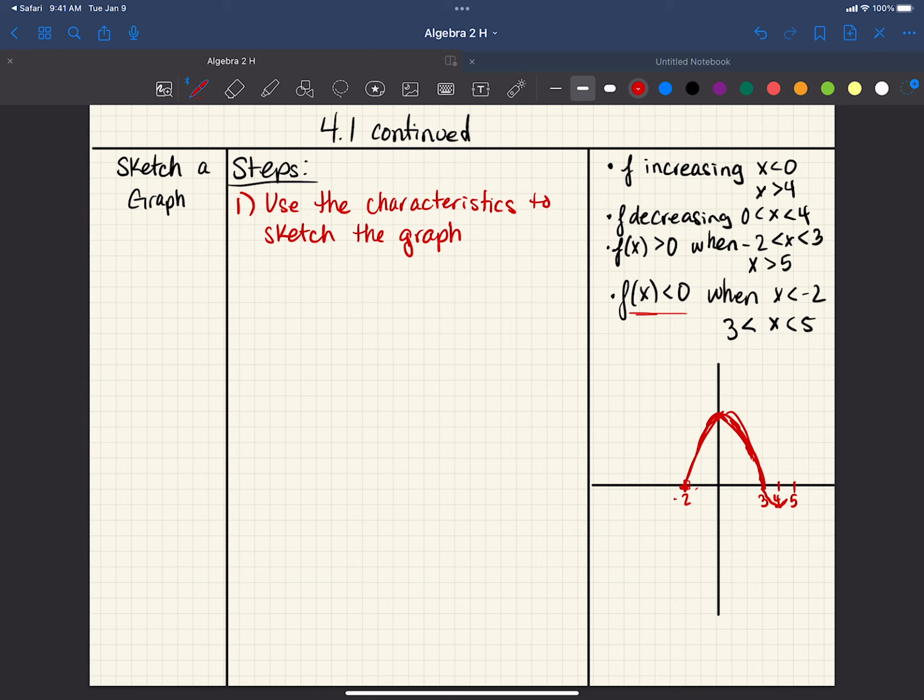I'm at my turning point, and I am now going to be increasing because every value greater than 4 is now increasing. So it's going up, and again at that 5, that means that I have a 0 there, and then I am going to keep going. And that is basically what my graph is going to look like.